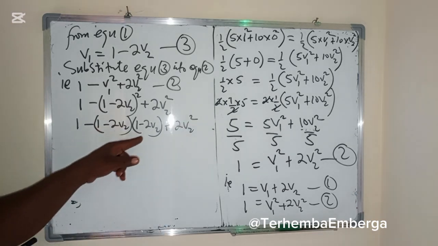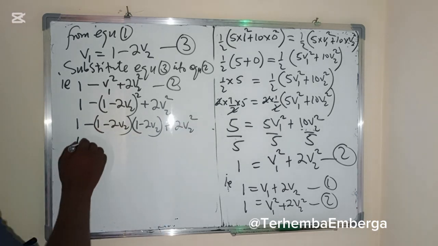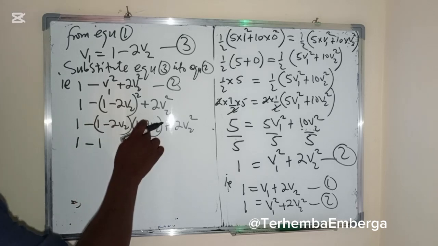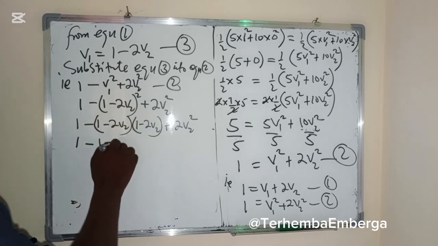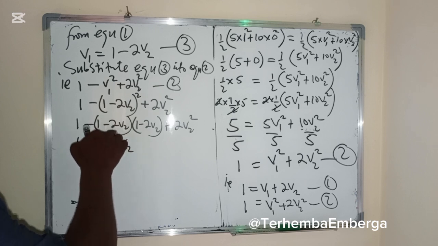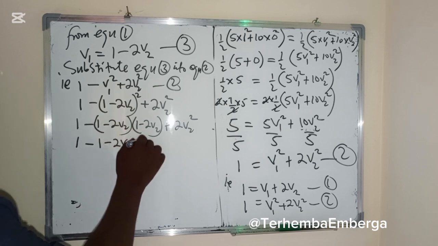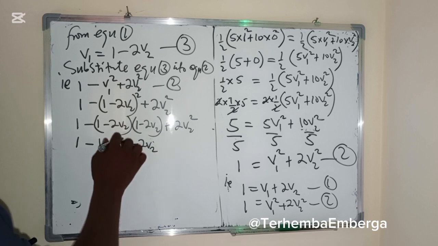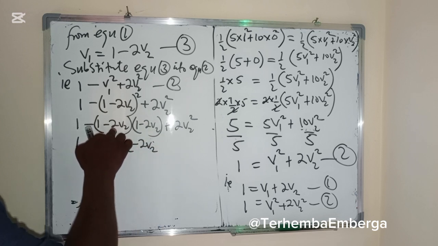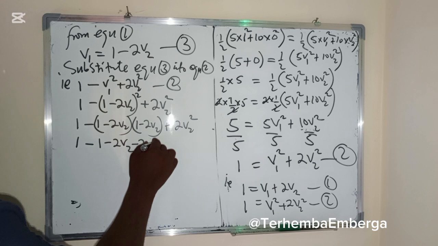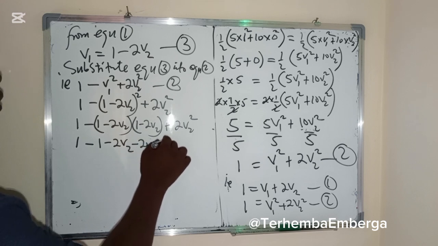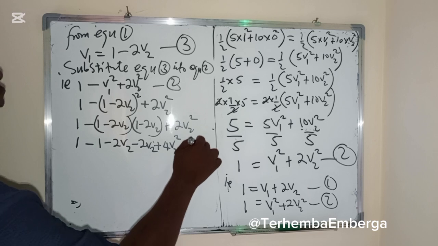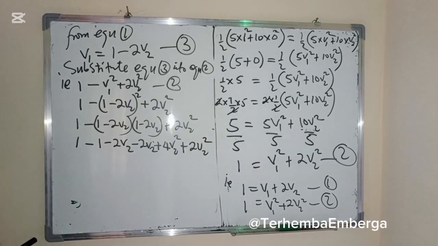So we'll open the brackets: 1 times 1 is 1, 1 times minus 2v2 is minus 2v2, minus 2v2 times 1 is minus 2v2, and minus 2v2 times minus 2v2 gives plus 4v2 squared, plus this 2v2 squared.